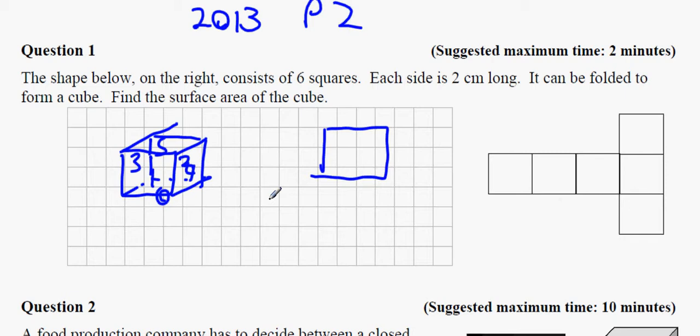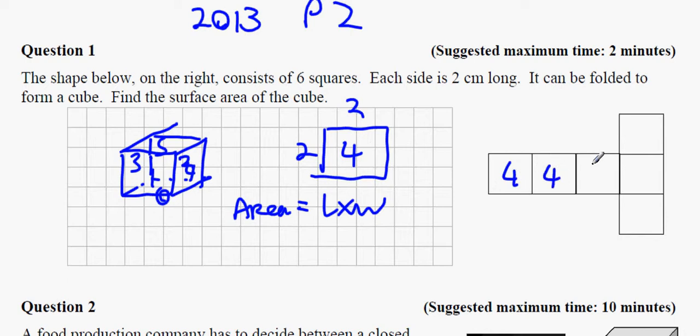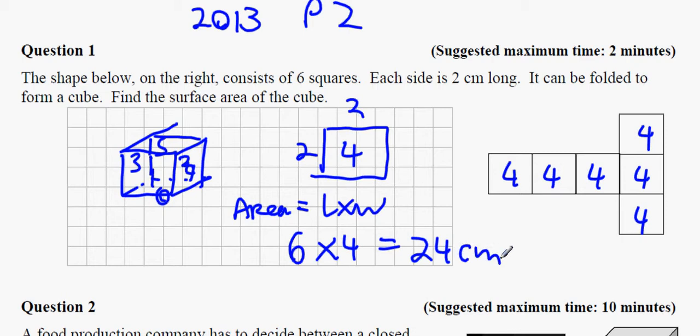So we get 2 multiplied by 2, which is 4. Each one is worth 4, and there are 6 sides, so multiply 6 by 4 and you get 24 centimeters squared. That is the surface area of the cube.